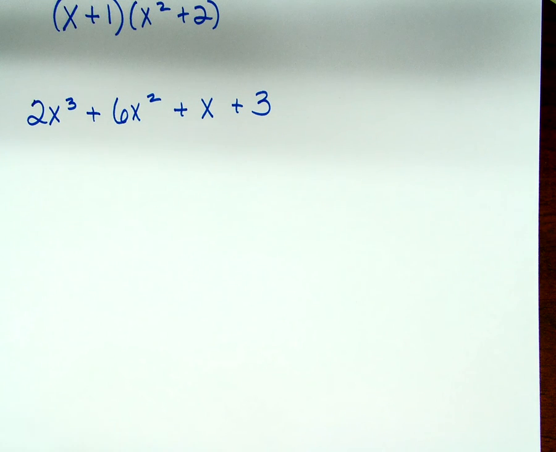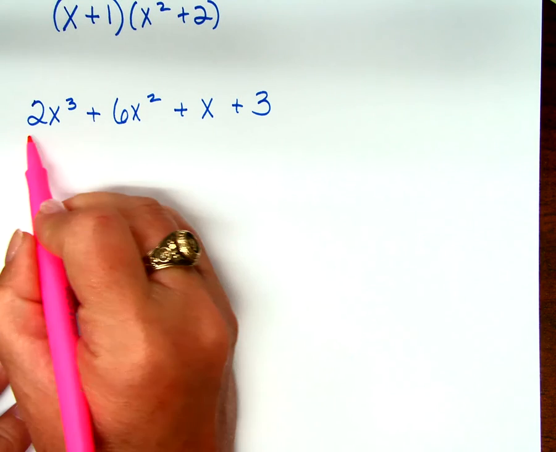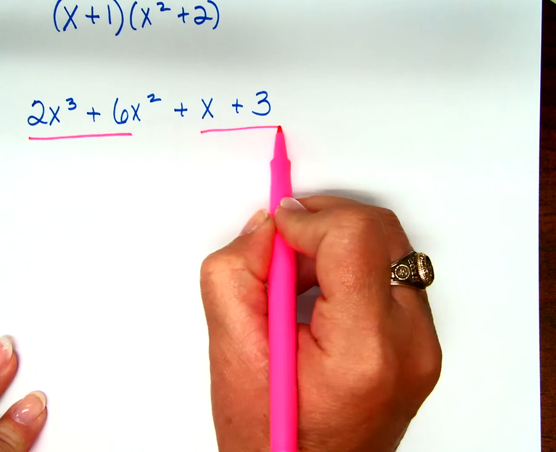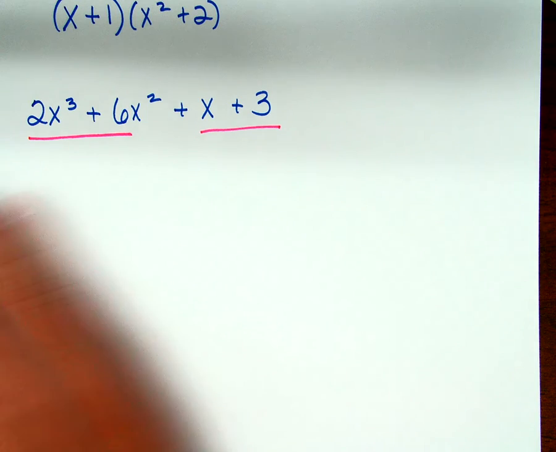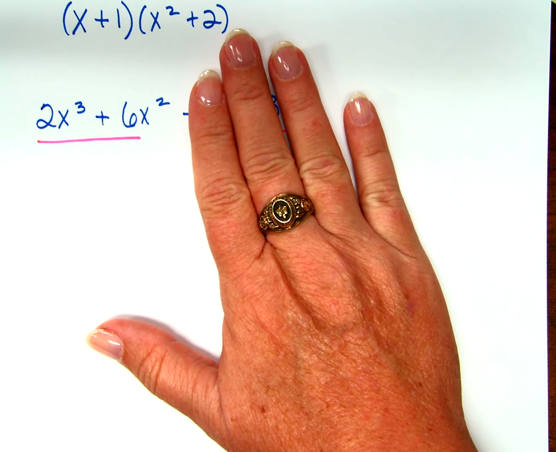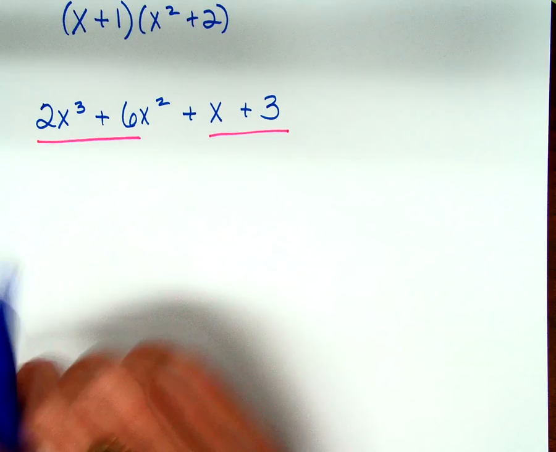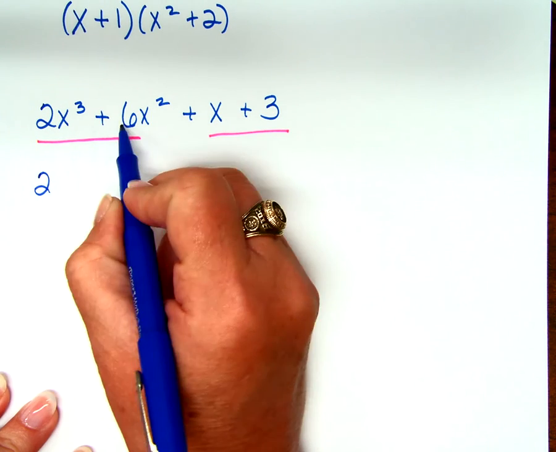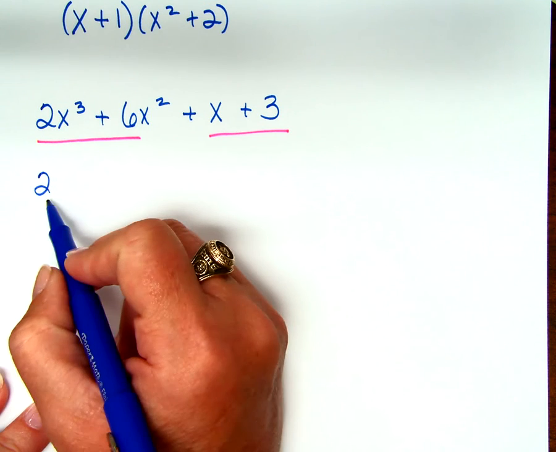Yeah. So I'm going to group the first 2 terms together, and I'm going to group the last 2 terms together. So look at just the first 2 terms. What do the first 2 terms have in common? What can I factor out of both first 2 terms? 2x squared. That's exactly right. They're both divisible by 2. 2 and 6 are both divisible by 2, right?